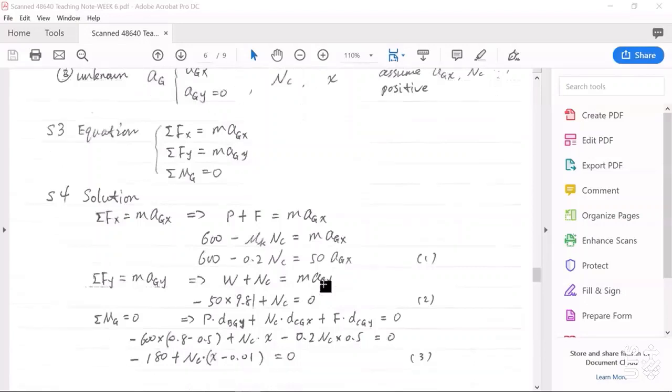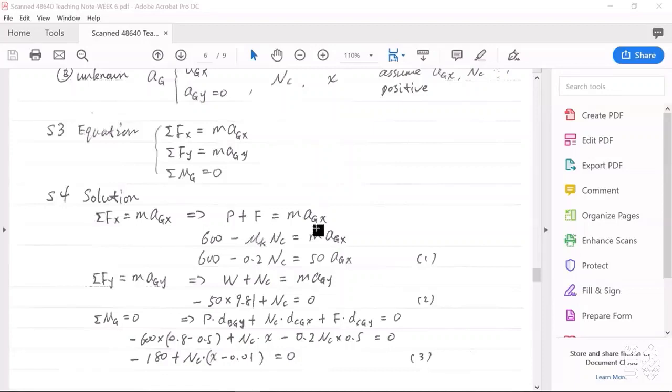Okay, now the equations of motion for a rigid body. The first two are the translation components. The third one is the rotational component. For this problem, we can select point G, the mass center point, to do the calculation.